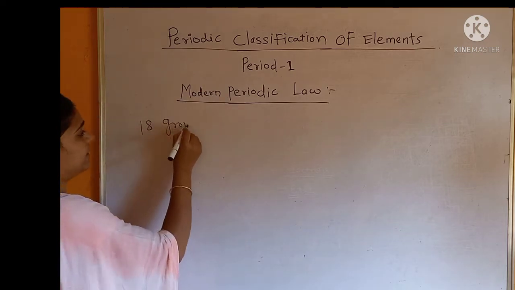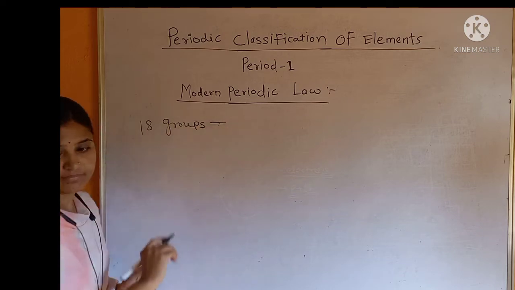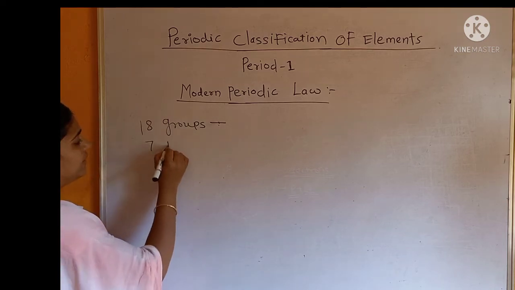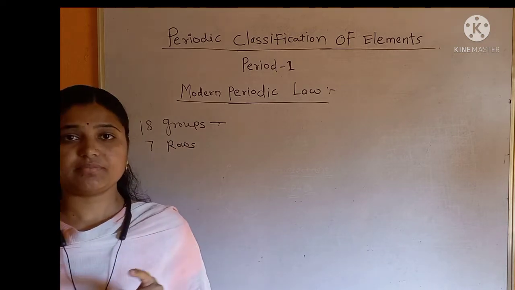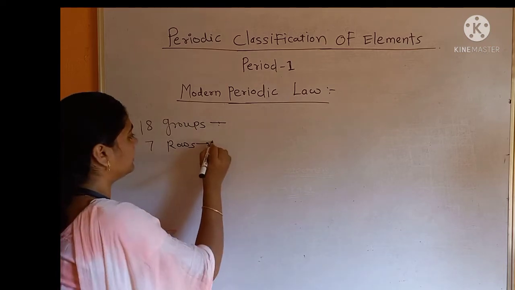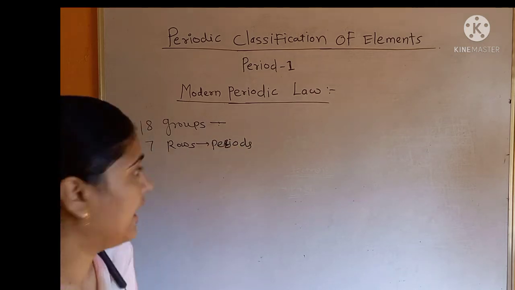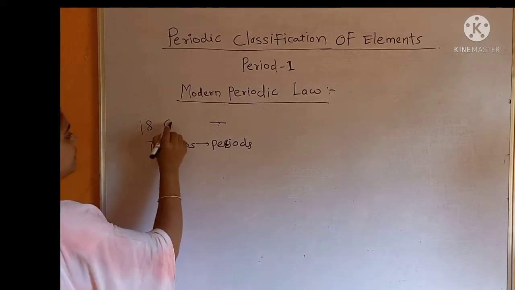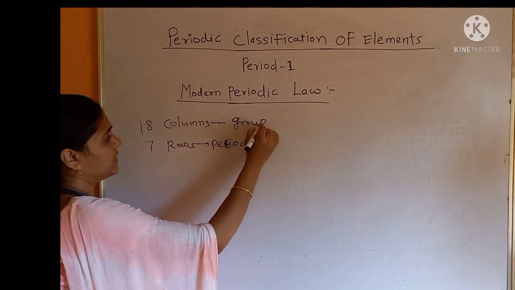So how many groups are present? 18 groups are present. 18 groups means 18 columns, called groups, and 7 rows are present, called periods.